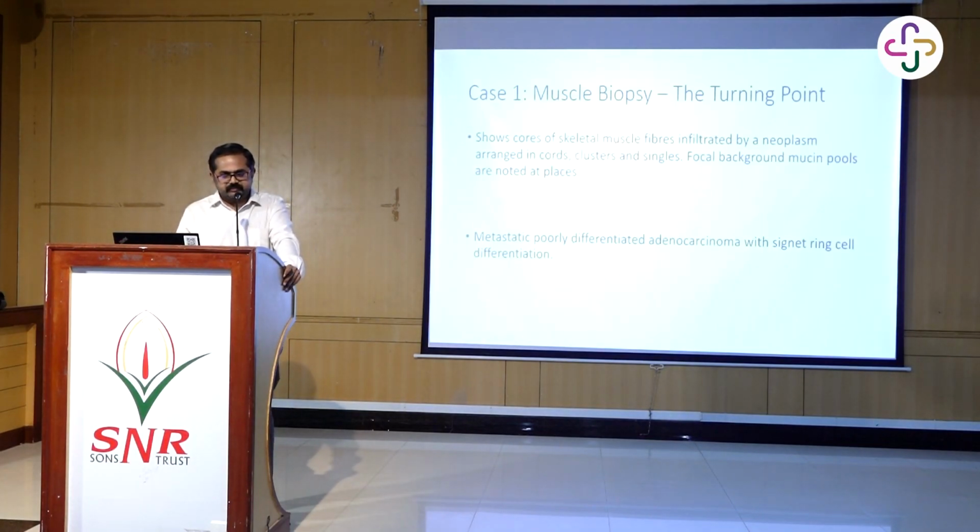So we did a muscle biopsy. It showed skeletal muscle fibers infiltrated by neoplasm arranged in cords, clusters and singles, with focal background mucin. So it is a metastatic poorly differentiated adenocarcinoma with signet cell differentiation. So the lymphedema might be due to the mucin pool accumulation.